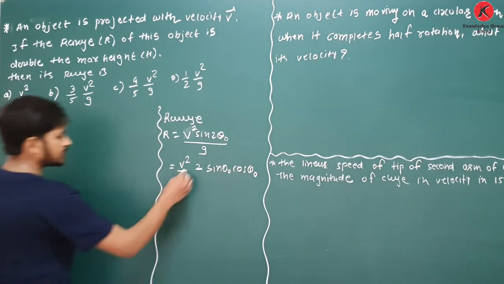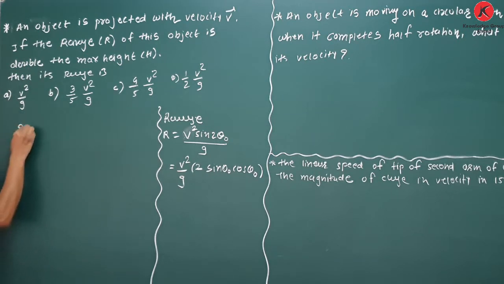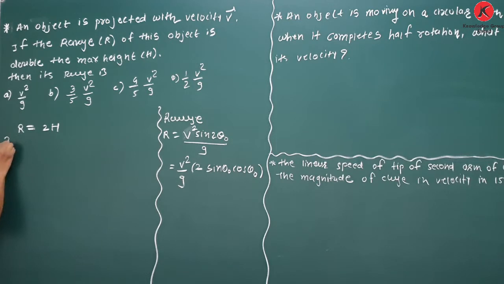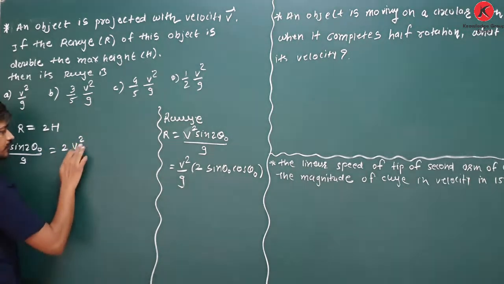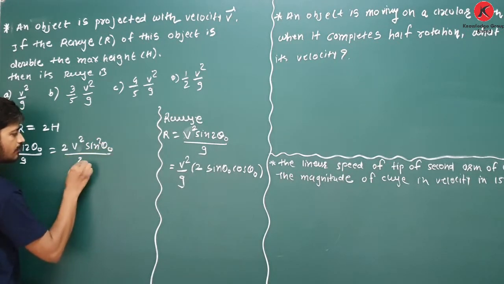So I have to find the value of sine theta 0 and cos theta 0. How to find? You are given one condition. The range of this object is double the maximum height, means R is equal to 2h. Put the value of R, V square sine 2 theta 0 upon G. Clear? 2h, its equation is V square sine square theta 0 upon 2G.